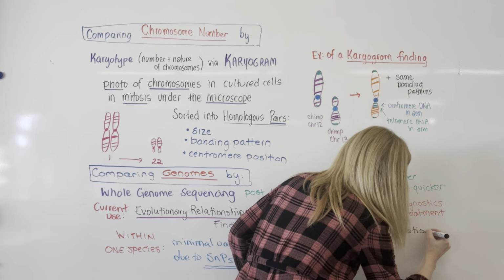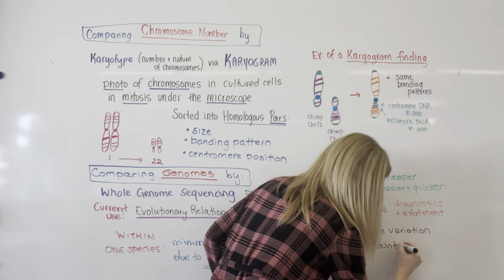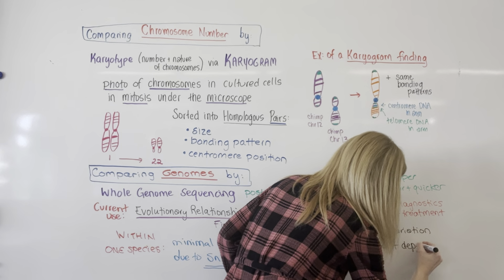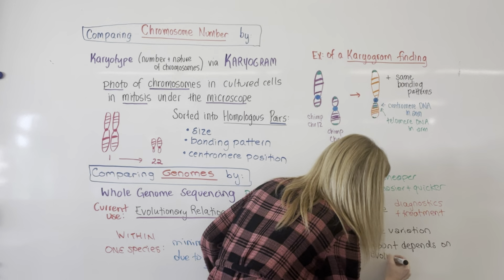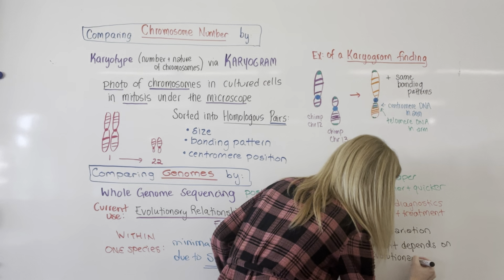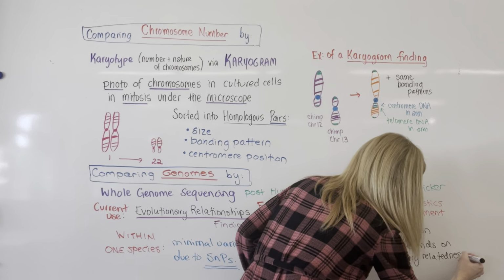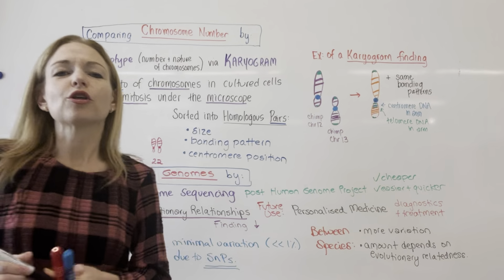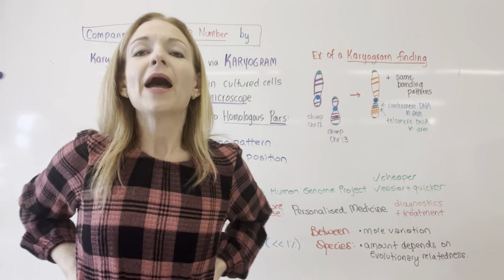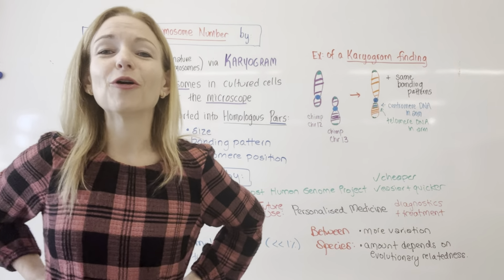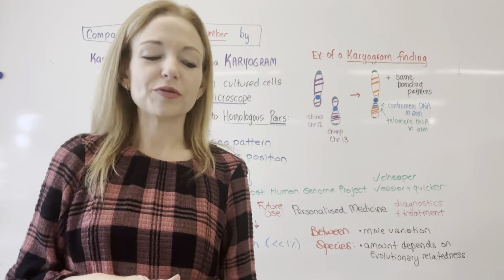But also the amount of variation depends on the relatedness. It's going to depend on how similar an ancestor they have, how recently they separated and speciated, and so forth. So those are the two things that we would expect, much more variation and variation that depends on relatedness. Hopefully those are pretty straightforward understandings, but that's how you could use that.